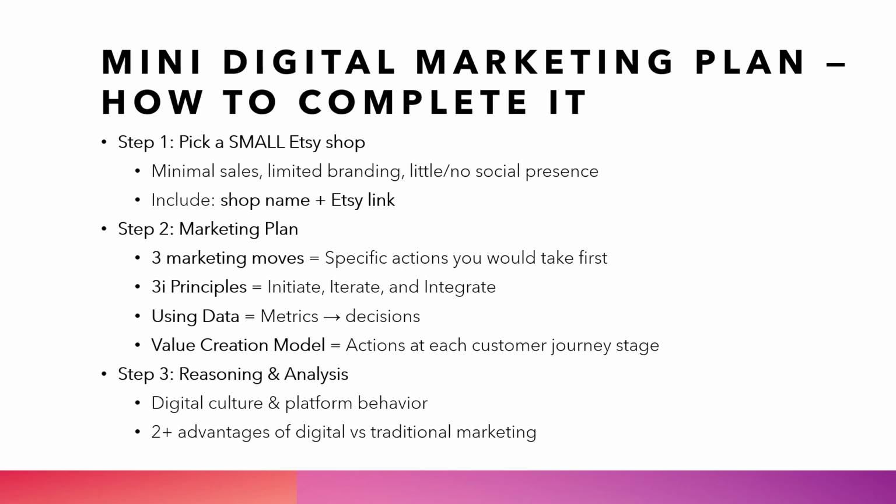So an example of this could be, I would use Instagram posts to show how the product is used and link those posts directly back to the Etsy shop. The same images and messages would appear in the Etsy listing so customers recognize the brand across platforms.